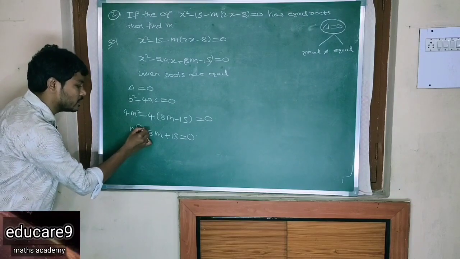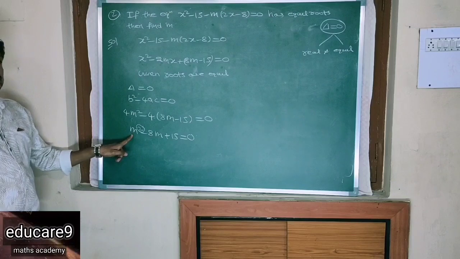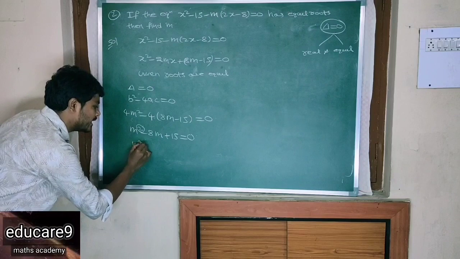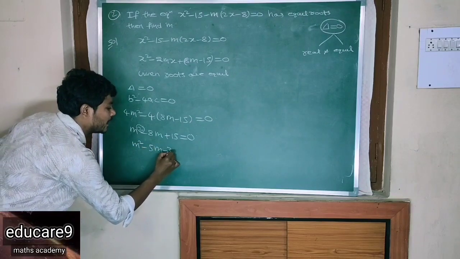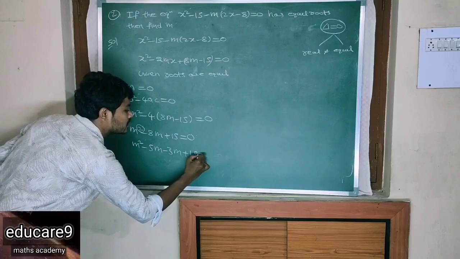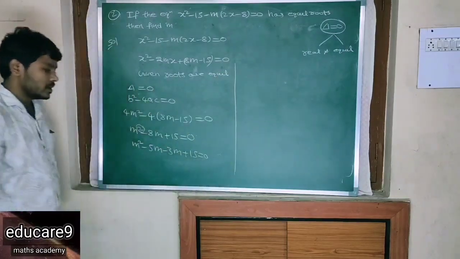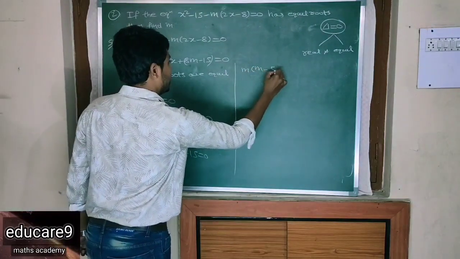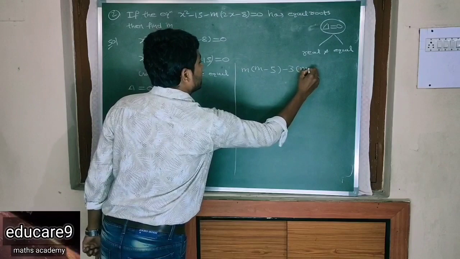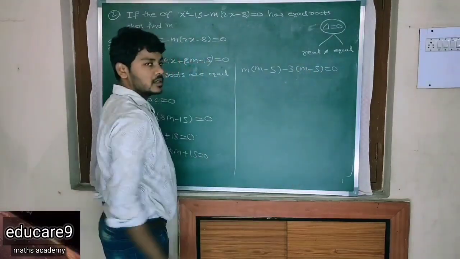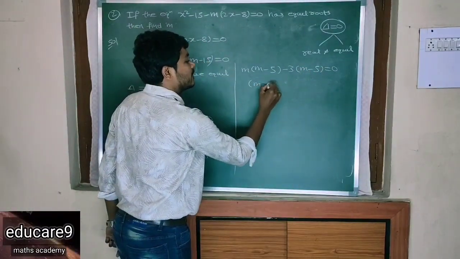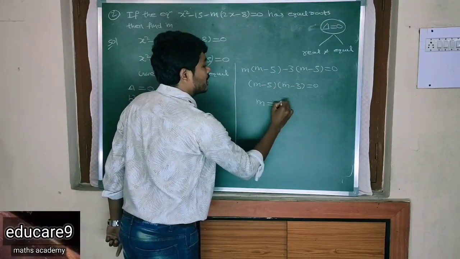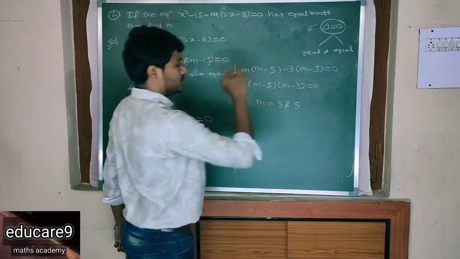So here degree is 2, then you will get 2 roots. So that is m square minus 5m minus 3m plus 15 is equal to 0. So here m is common, we get m minus 5, minus 3 is common, m minus 5 is equal to 0. So this is (m minus 5) into (m minus 3) is equal to 0. So m values are 3 and 5.